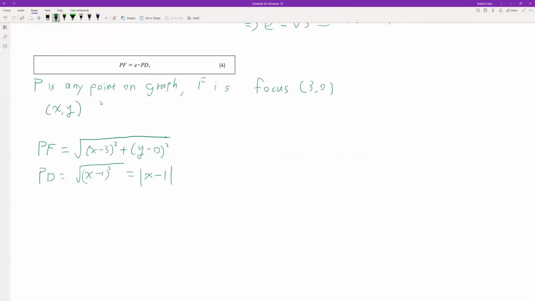Okay. Then we can follow this formula right here. PF is equal to E times PD. Right? So PF is equal to E times PD. And then we have the square root of x minus 3 square plus y minus 0 square is equal to E, which is square root of 3 multiplied by x minus 1.